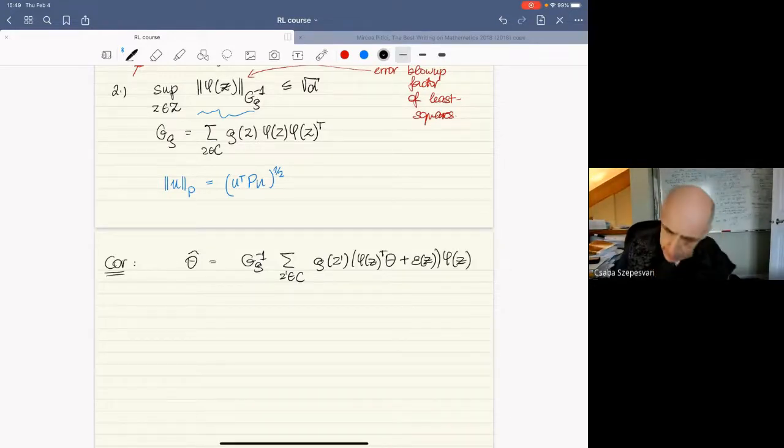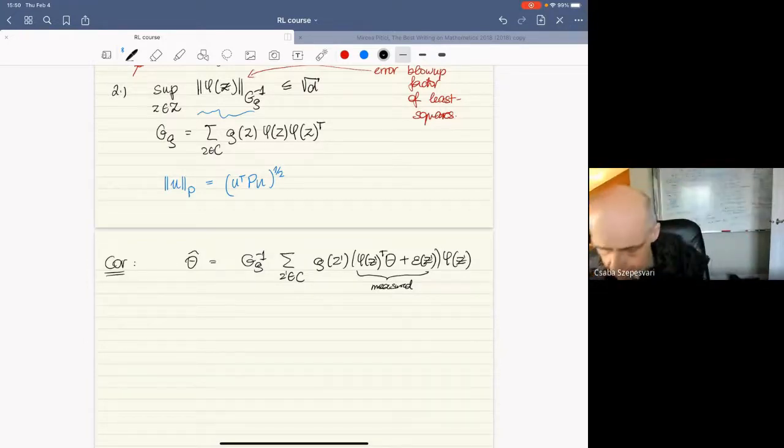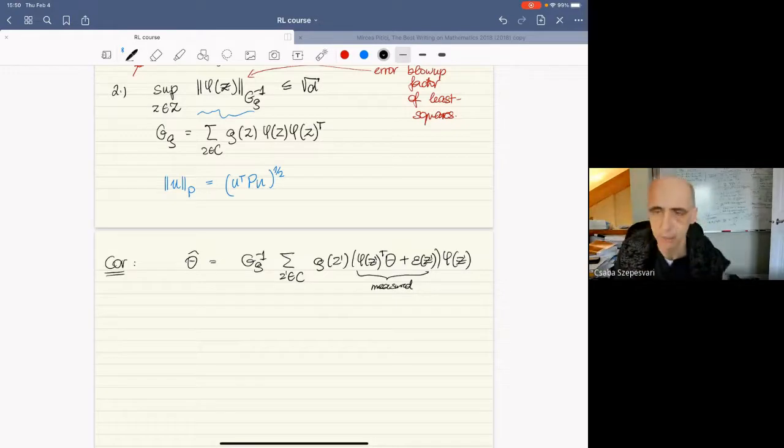Right? So this is just the least squares solution for the weighted least squares problem. These are the values that you're measuring. So this Z prime runs over this set C. Whatever values you're measuring, you can write them in this form with some theta.